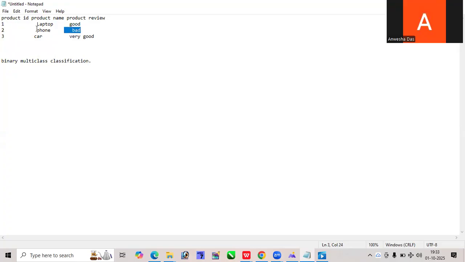So here only two classes are there, and the output column has categorical data, not numerical data. If the output column has categorical data, that means it is part of the classification problem. And if there are only two classes, this is part of binary classification.